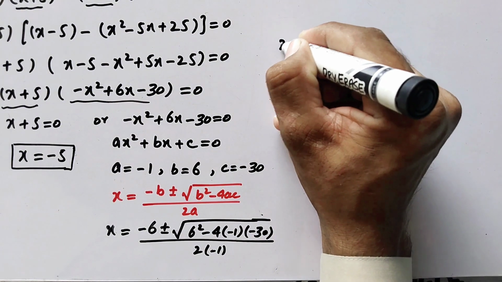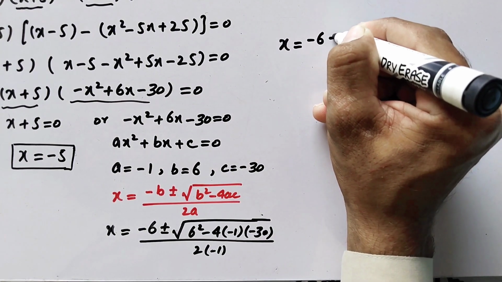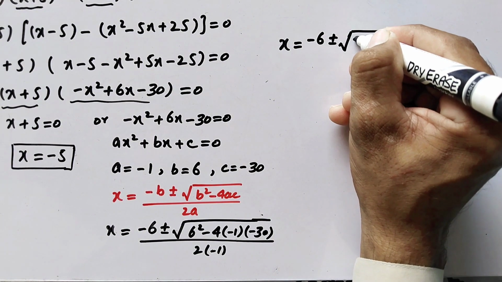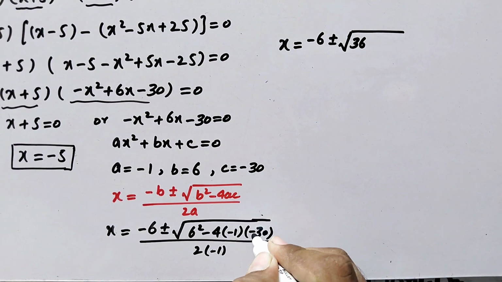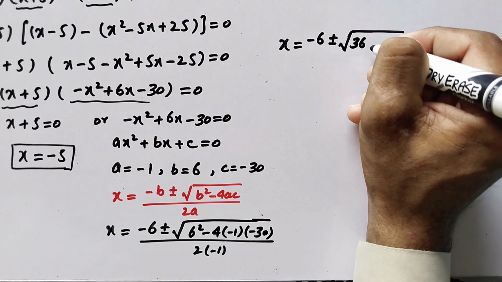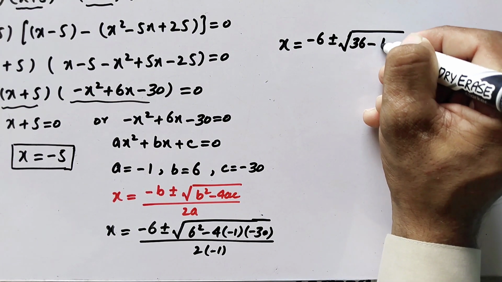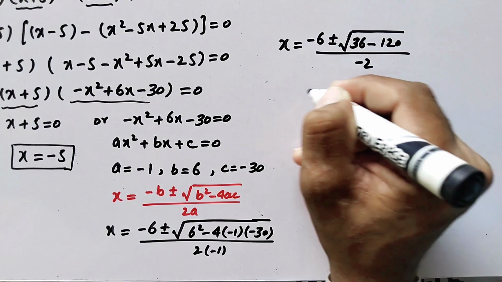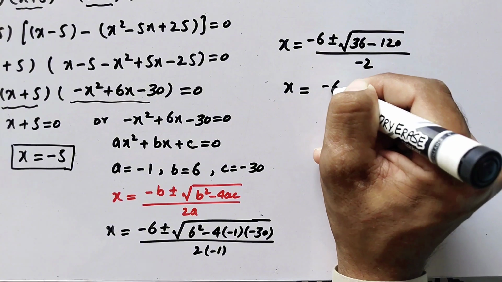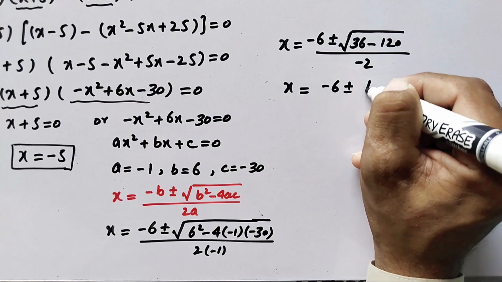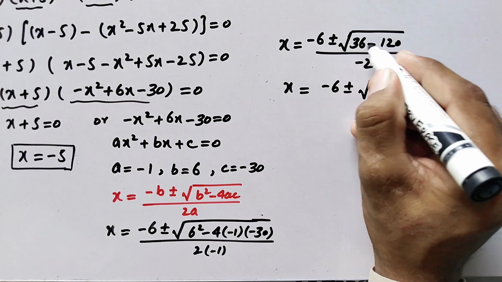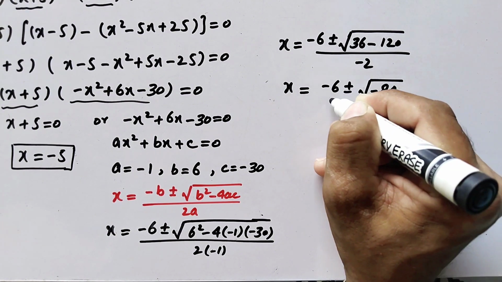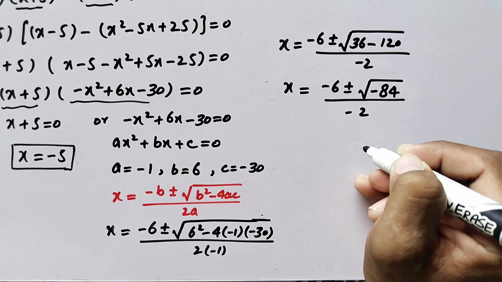Now x will be equal to minus 6 plus or minus root of 6 square is equal to 36, and minus times minus is plus, times minus is minus. 30 times 4 is 120 divided by negative 2. So now x is equal to minus 6 plus or minus root of 36 minus 120 is equal to minus 84 divided by negative 2.